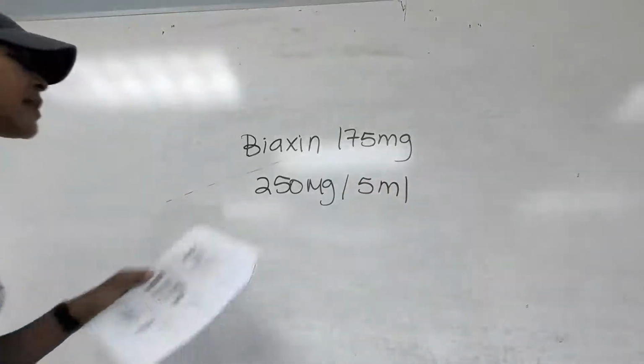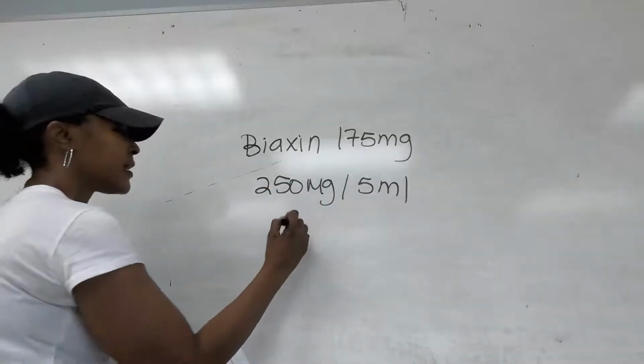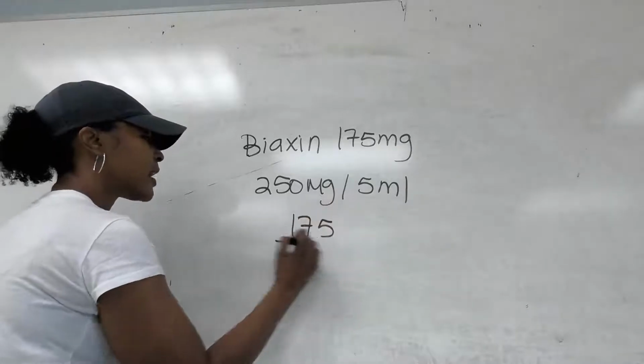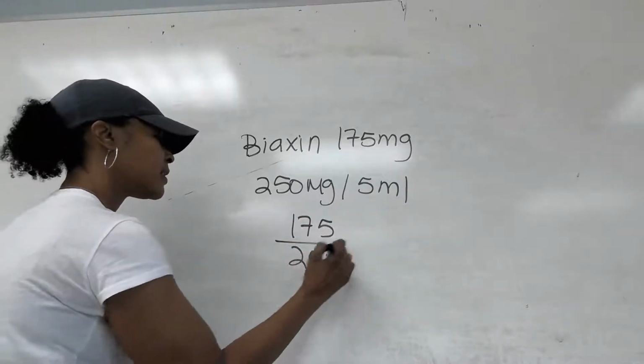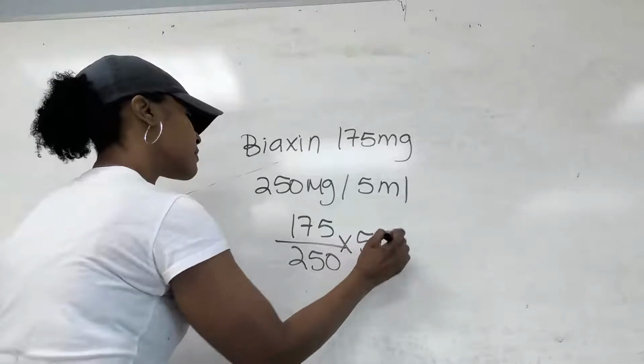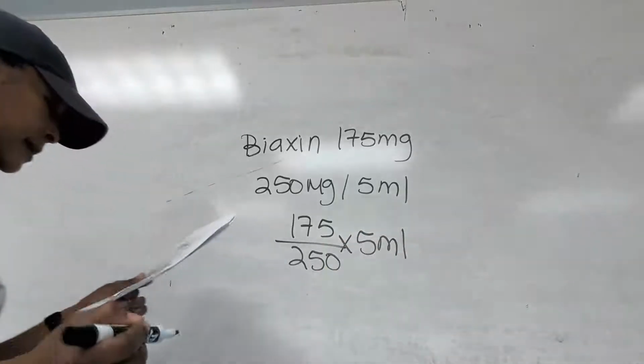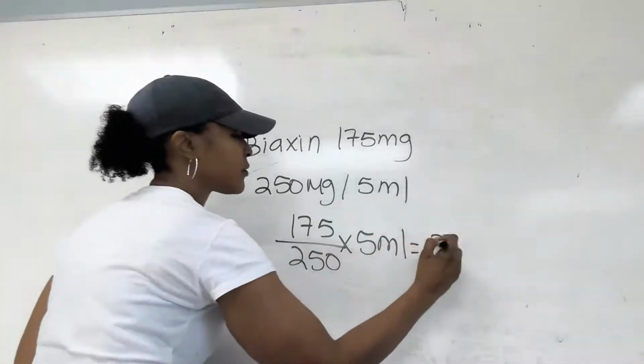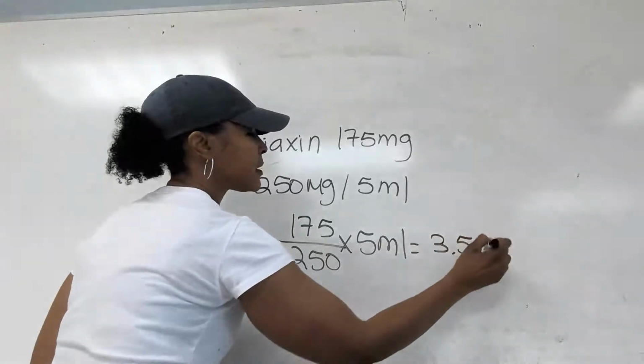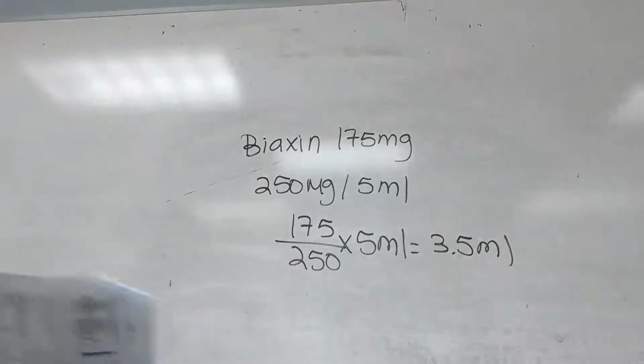So we know that there's no conversion. The metrics are the same. So it's 175 divided by 250 times 5 milliliters. All right, that's the setup. The answer comes out to 3.5 milliliters.